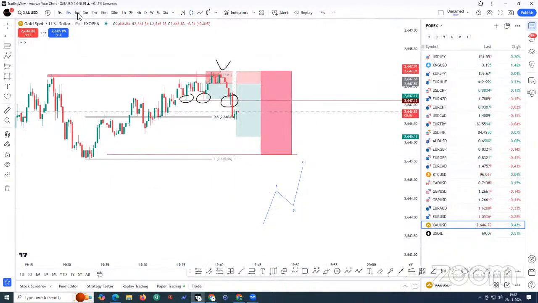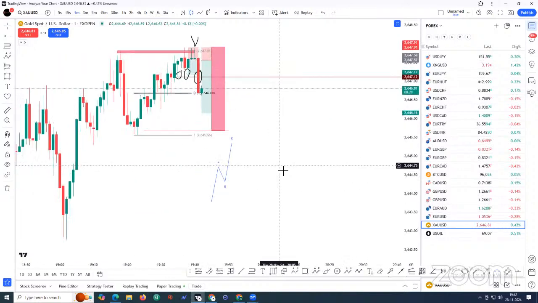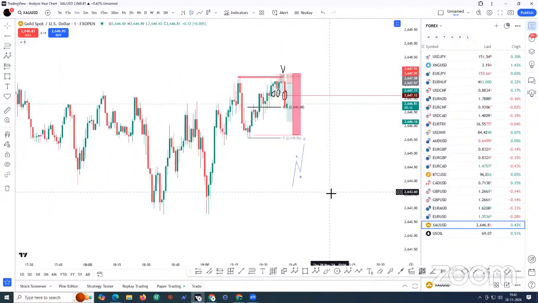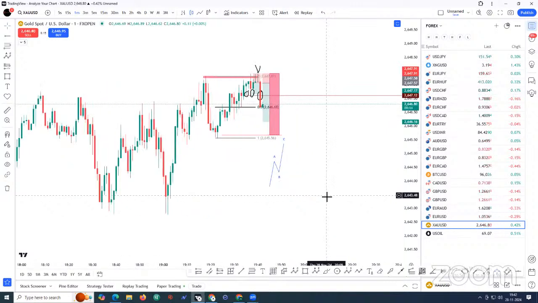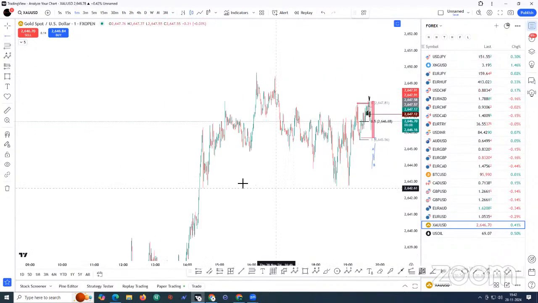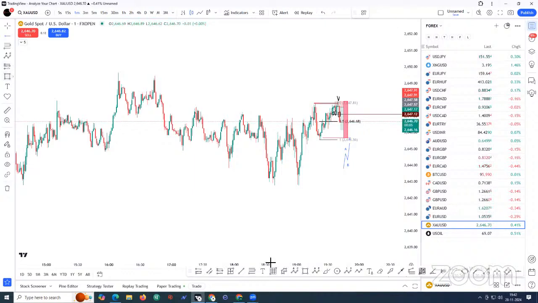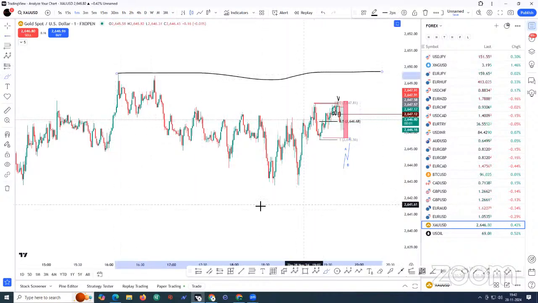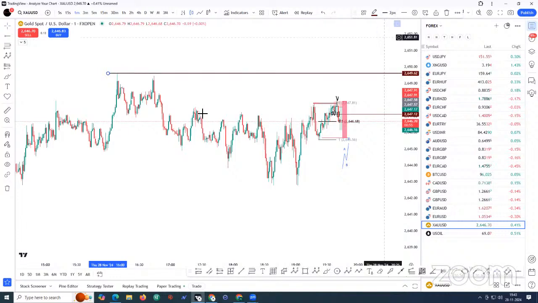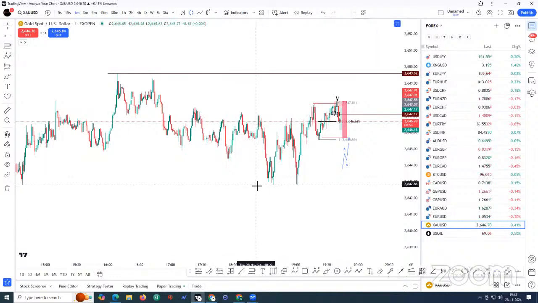We'll see how it goes. It is a 15-second chart, so I'll move to the 1 minute, in case someone is confused about what kind of chart it is. And here also you can see there are smaller time frames, in between this high and low.